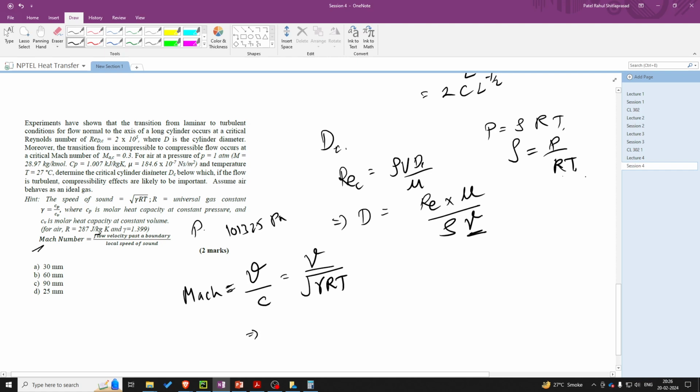So from here the velocity will be Mach number into root of gamma RT. So let's just put all those formulas in this equation.